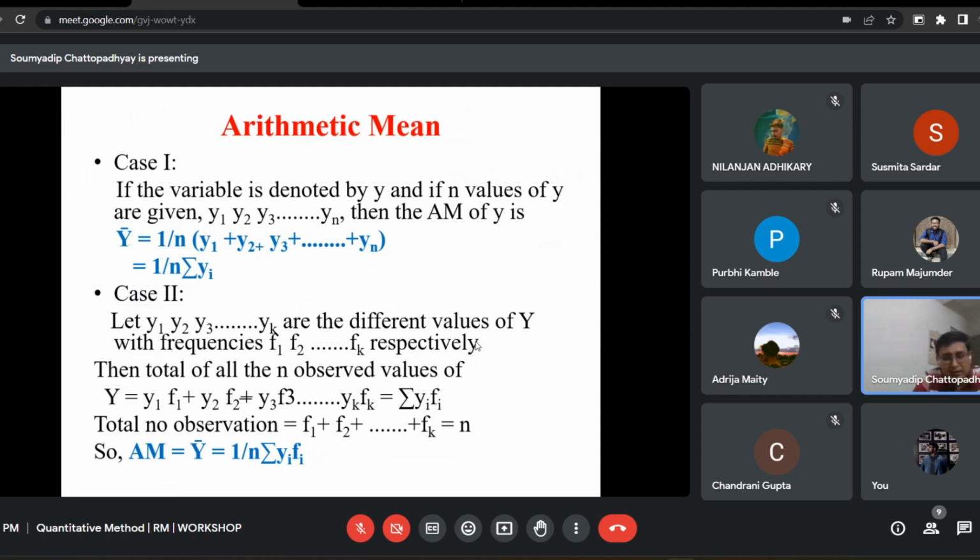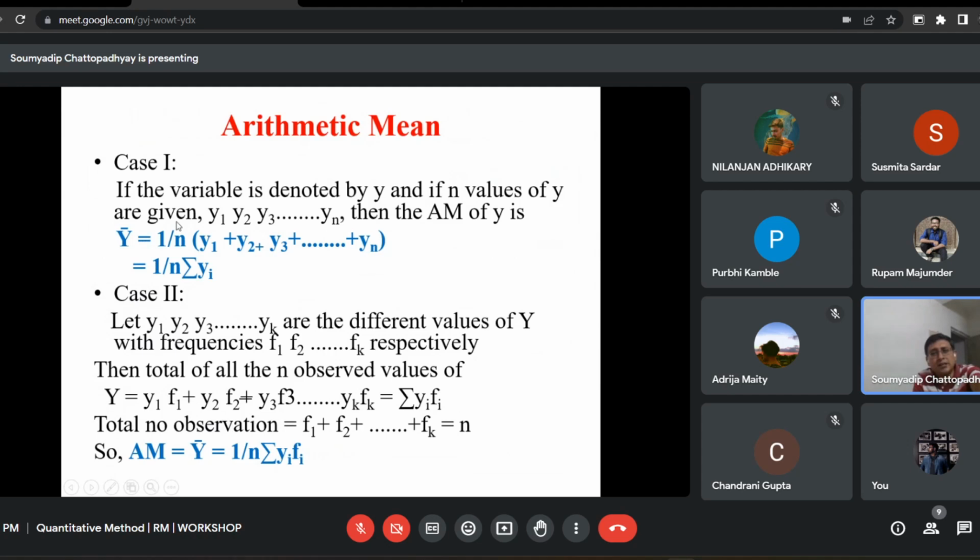If you are familiar with Excel, you can easily put your data into Excel and use this formula to calculate the arithmetic mean, for both data without frequency and data with frequency. But you need to know the formula for how to calculate it.